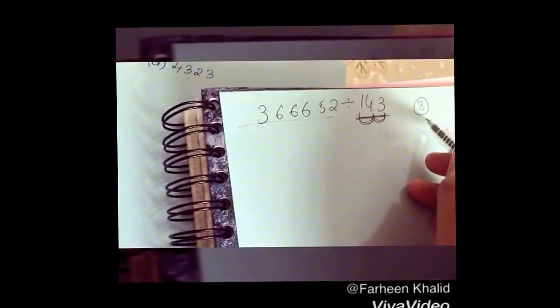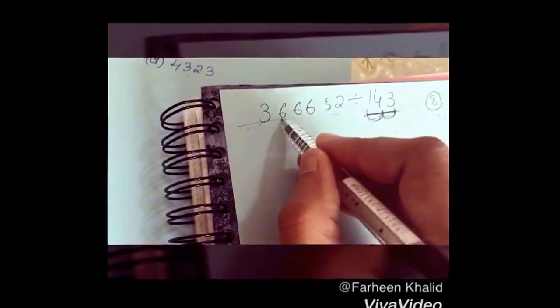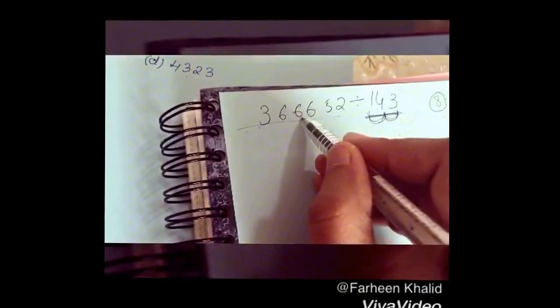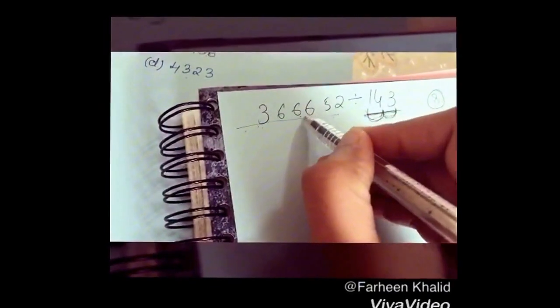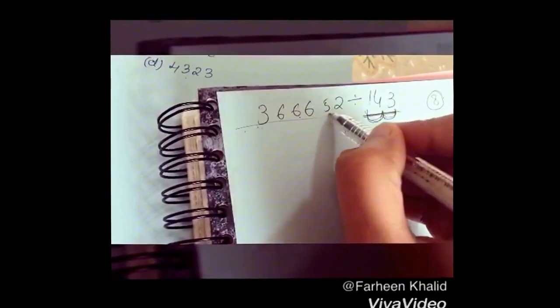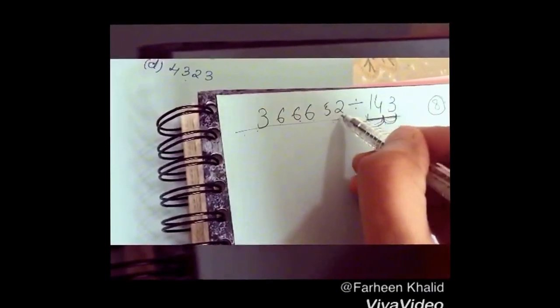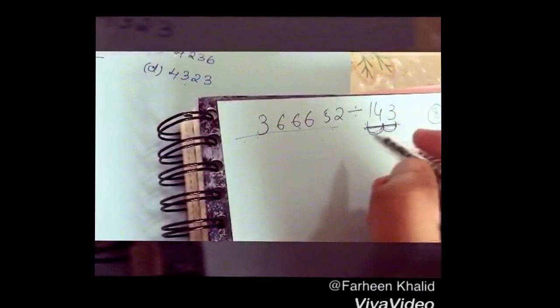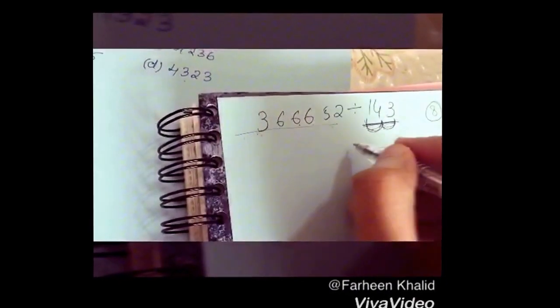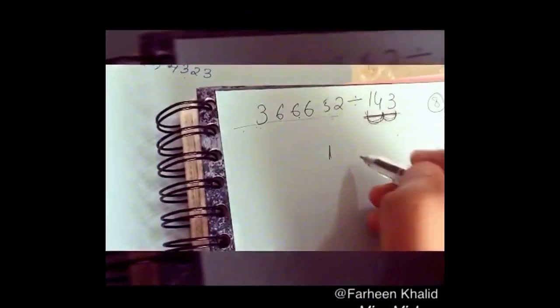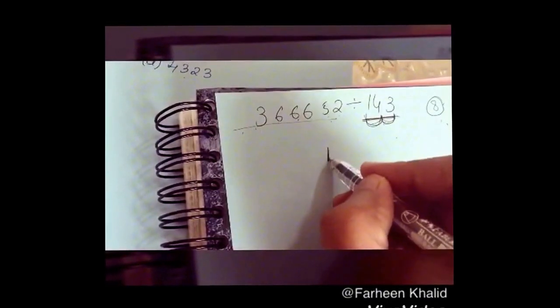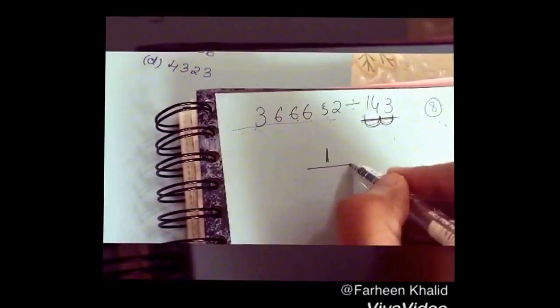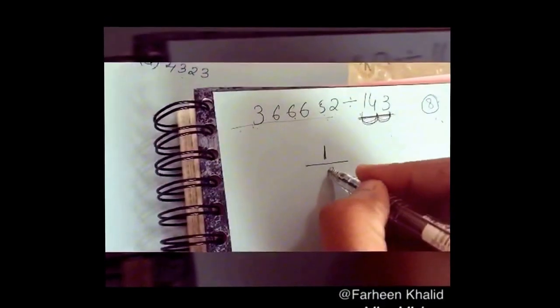The denominator is already done, which is 8, and the numerator is 6 plus 3 is 9, 9 plus 6 is 15, 15 plus 6 is 21, 21 plus 5 is 26, 26 plus 2 is 28, 8 plus 2 is 10, and 1 plus 0 is 1. So the sum of the digits in the numerator is 1, and it's divided by the denominator, that is 8.